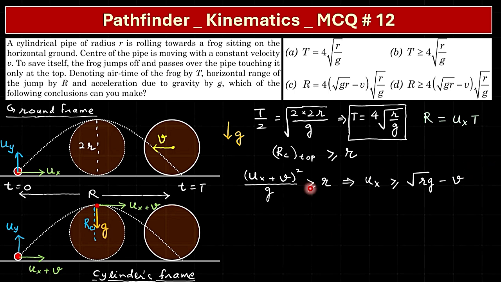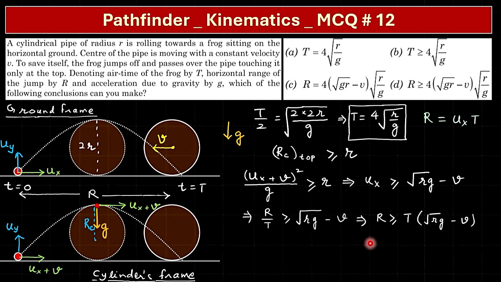Simplifying this, we get ux should be greater than or equal to square root of rg minus v, and ux is capital R by T. So R by T should be greater than or equal to square root of rg minus v.